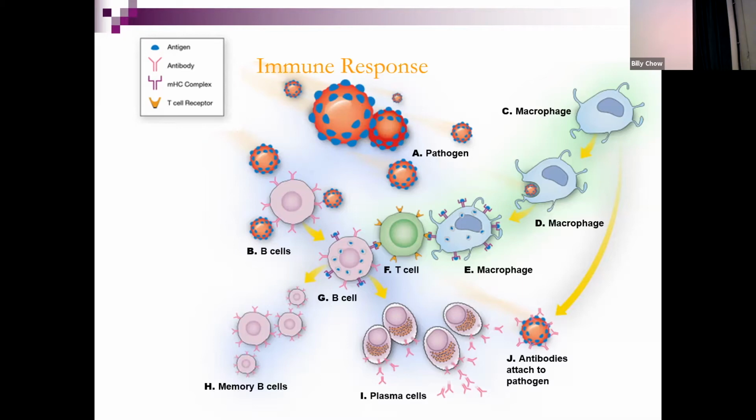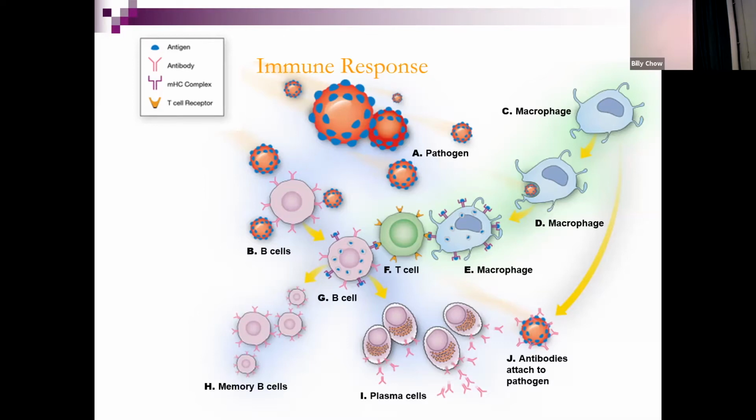And these B cells later on will be activated to generate memory B cells by reproducing itself. So one B cell can reproduce itself into many B cells, producing the same antibodies against the pathogens. And this is the immune response that protects you.